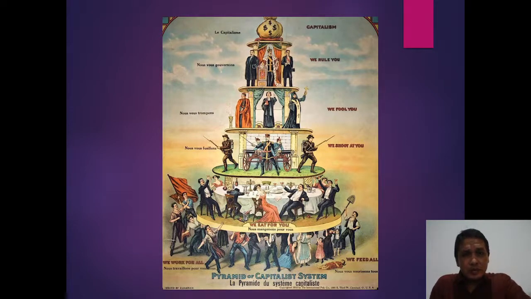Below it, religious figures, or religious society. Below that is the military, and below the military is the bourgeois, the capital owner, and the lowest level is the people. "We feed all." Okay, this is the pyramid of the capitalist system.